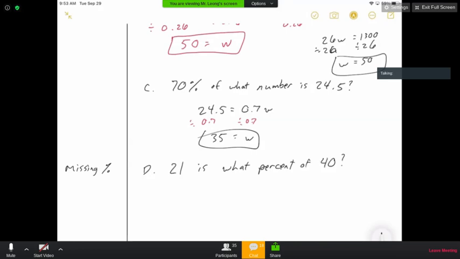Okay. 21 is what percent of 40? All right. This one's a little bit tricky because the answer you get, you're going to have to move the decimal back. Okay, so let's try one here.